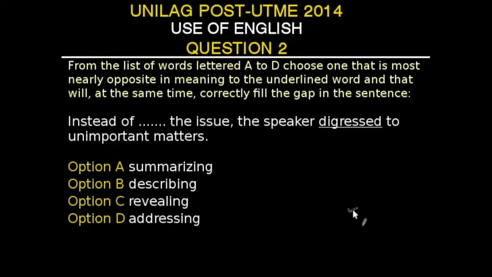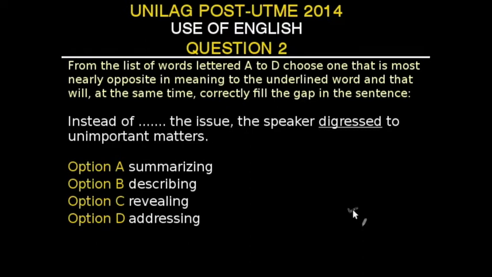And digress, again, is a verb, and digressed is the past tense of digress. To digress means to leave the main subject temporarily while giving a speech or writing. And so the most nearly opposite in meaning that correctly fills the gap is addressing, which means to give a speech or written statement, usually formal, that is directed to a particular group of persons, or to acknowledge an issue and focus on it for a specific period of time.